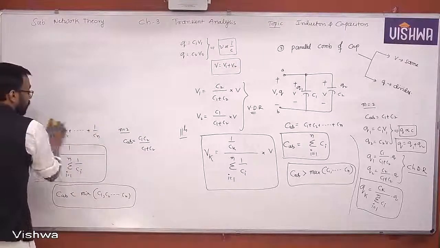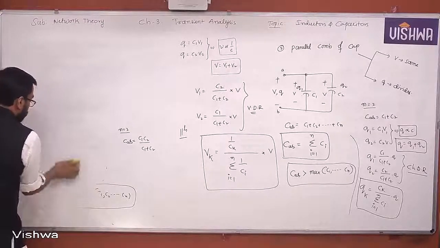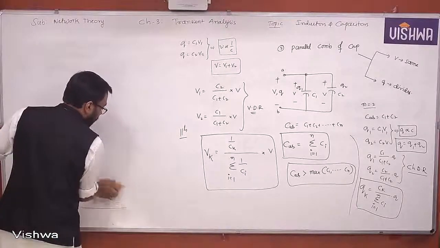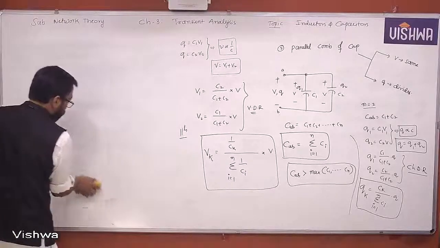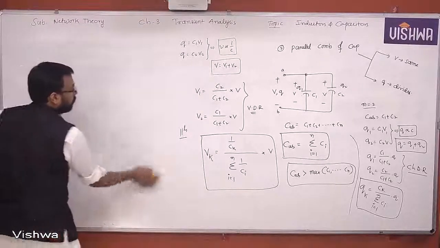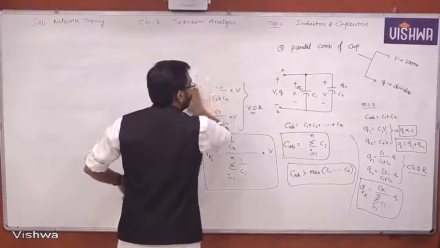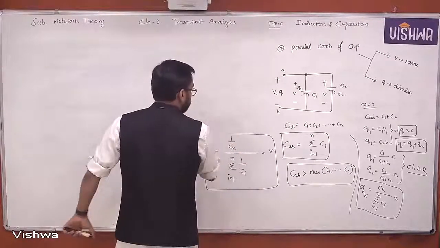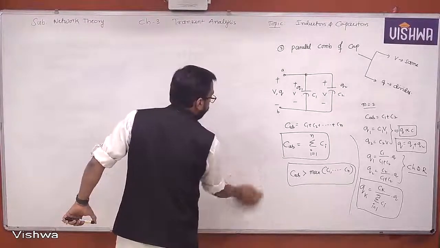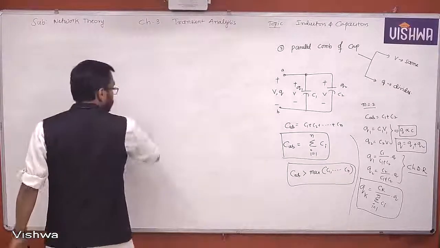You have seen resistor and conductance formulas in the very beginning classes. All conductance formulas and capacitor formulas look the same. They look similar. All resistor formulas and inductor formulas look similar.